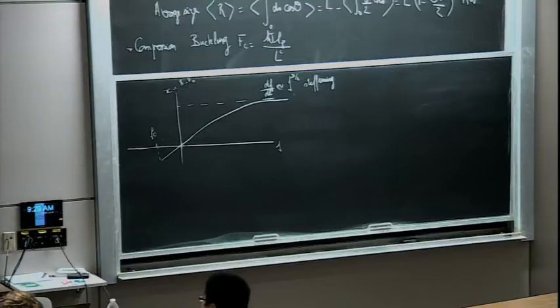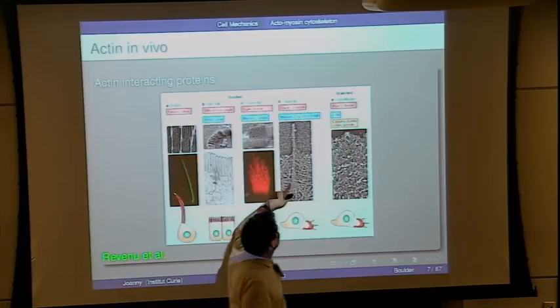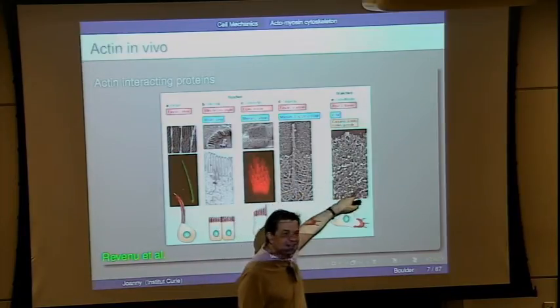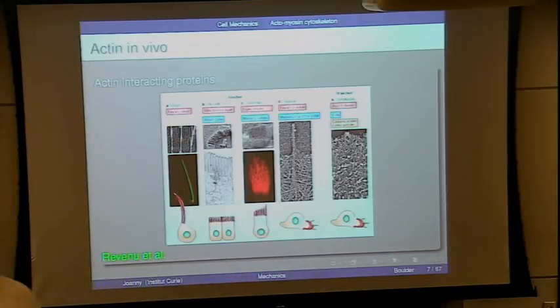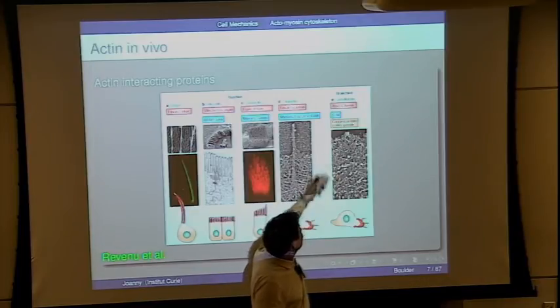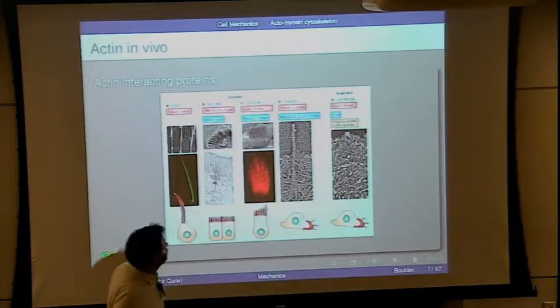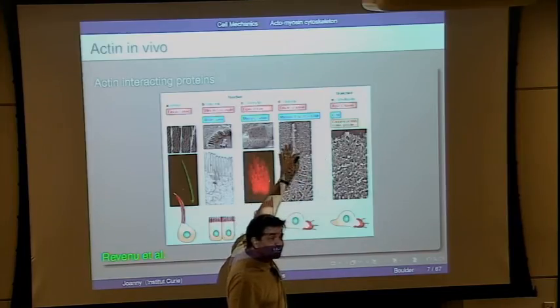Voilà. So what I told you about so far is what happens with one actin filament. Of course, what I want to do is look at what I call the cytoskeleton in a cell. And the cytoskeleton looks like a normal mesh, like this or like this. Now, in soft matter language, this is a gel which can be cross-linked by proteins like alpha-actinin, filamin, or other proteins like this.